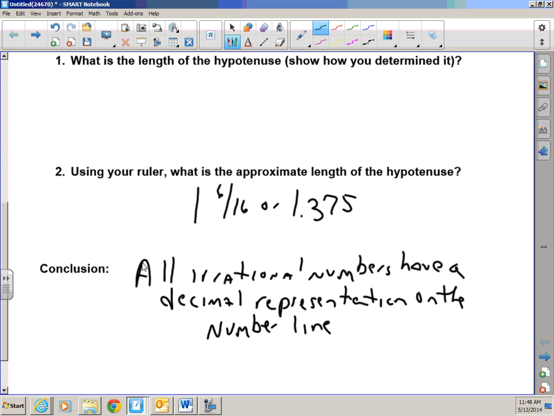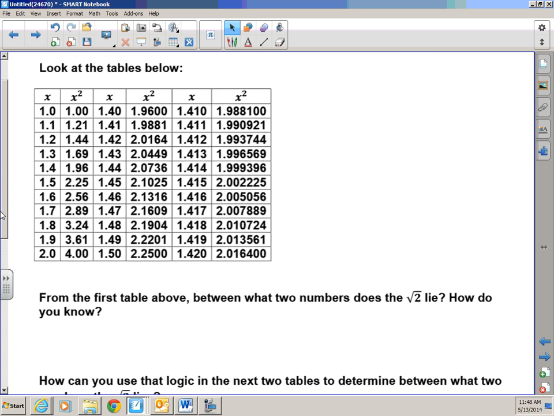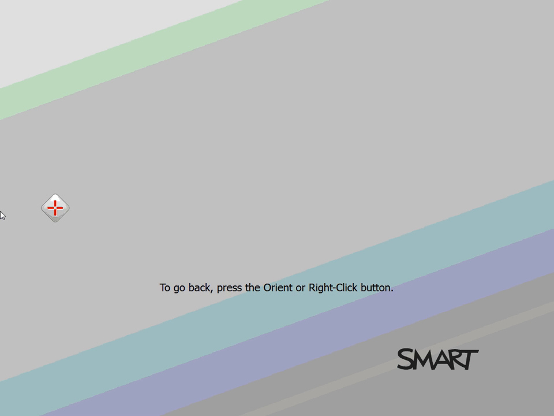Okay. Now, we're going to use the following tables to help us do this. These tables, as you'll see in your note sheet, are broken into 3 groups.